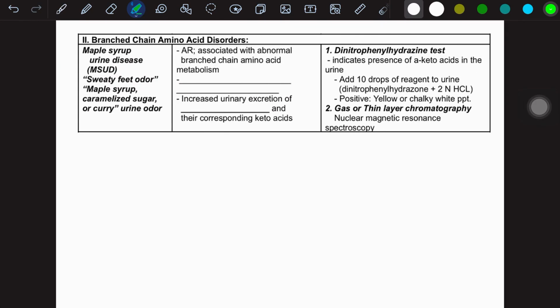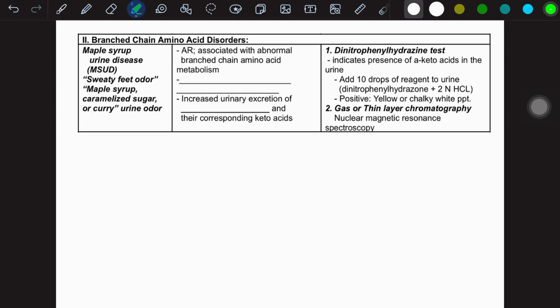Now, we are on to our branched-chain amino acid disorders. So, what we will tackle here is MSUD or maple syrup urine disease, and organic acidemias.